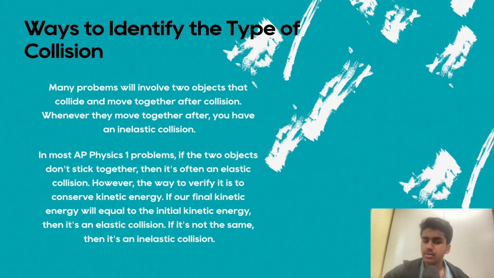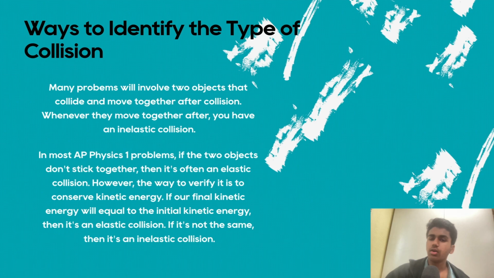In AP Physics 1 problems, if two objects don't stick together, then it is often an elastic collision. But if you want to verify that, you must conserve kinetic energy. If the final kinetic energy equals the initial kinetic energy, then it's indeed an elastic collision. But if they're not the same, then it's an inelastic collision.